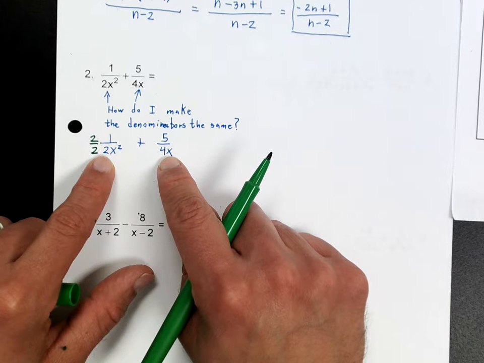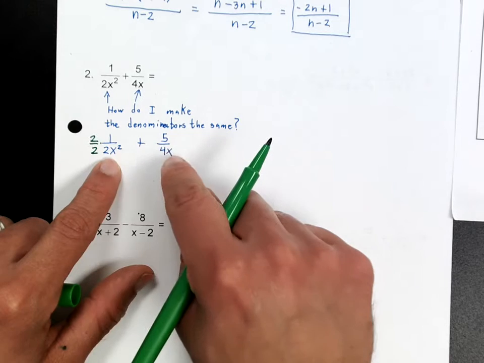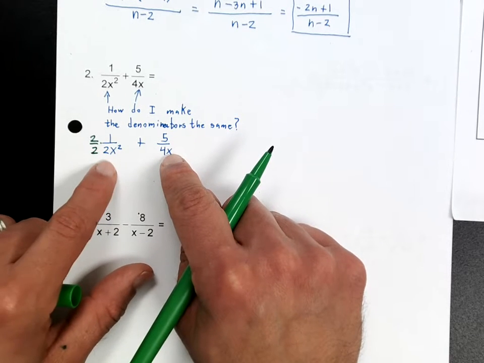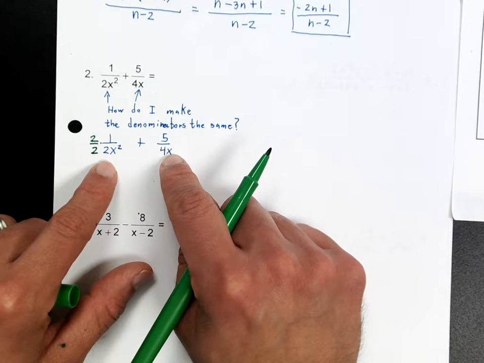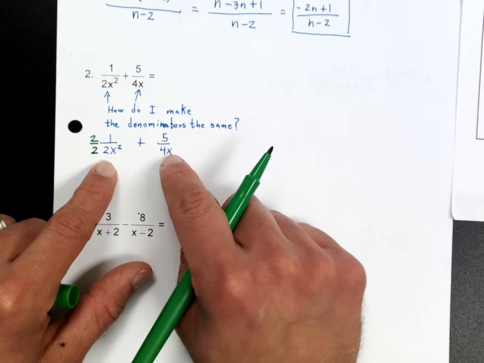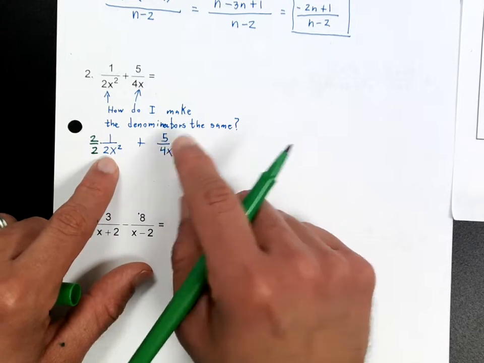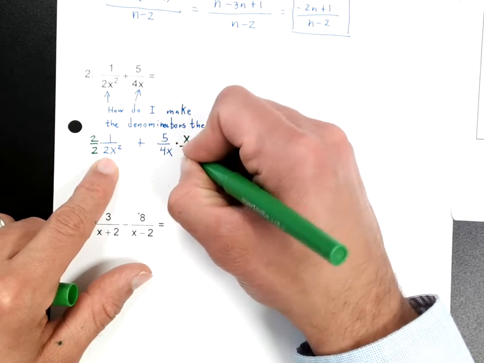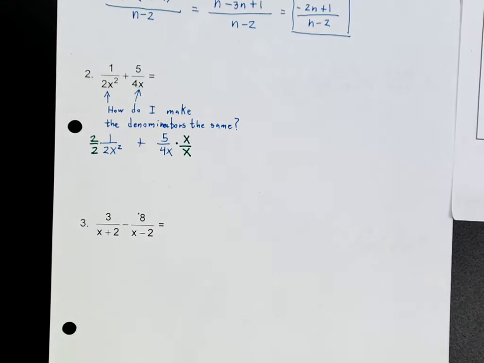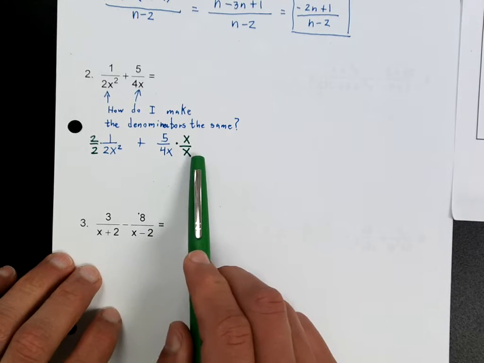So then the question becomes, how do I make this x on my right like this x squared? Remember, I can only multiply. So basically what I'm asking you is, what do I need to multiply this denominator by to make it into an x squared? 1. x. So we have x, right? So if we multiply x times x, I get x squared.